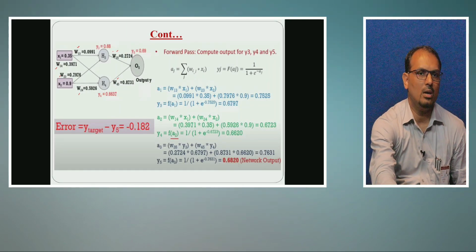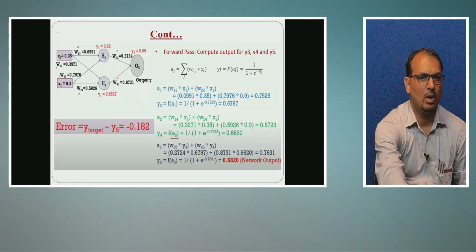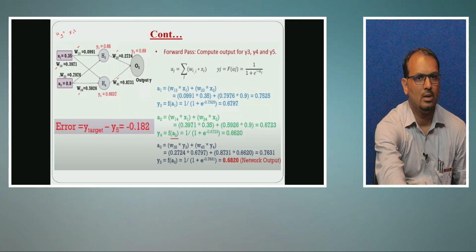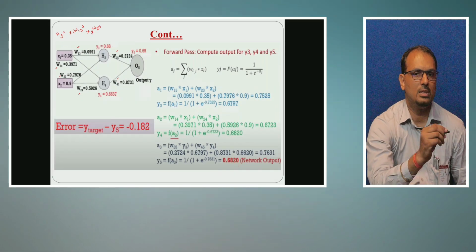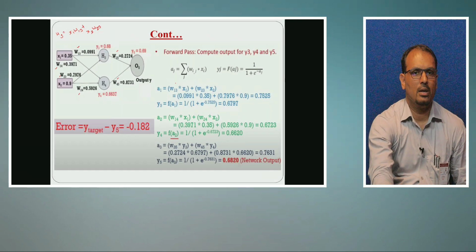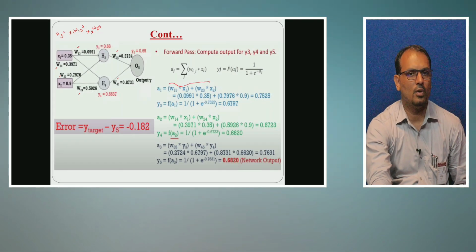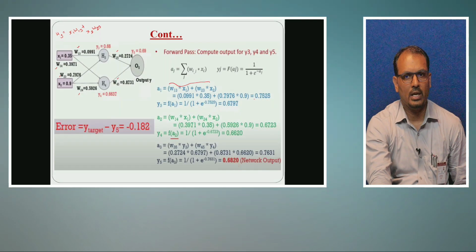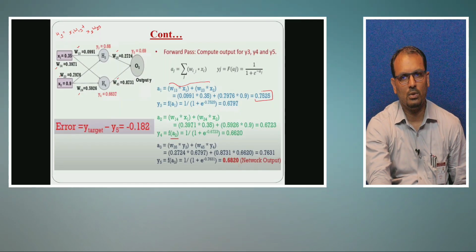Again the same formula. Everyone knows the formula of H3, how you are going to calculate it. H3 means X1 W13 plus X2 W23. This is the formula, and all these 4 values we know. Again we can calculate it, put all these values, and you will get 0.7525.